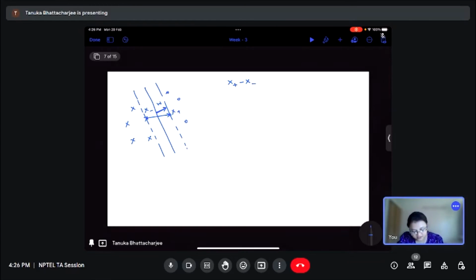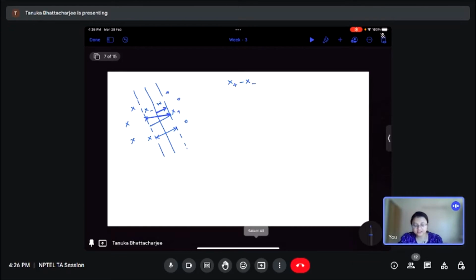Now I need this width, and this is the direction of W, which is perpendicular to the decision surface. If you simply take the projection of this vector joining x minus and x plus on the direction of W, you will get this part.